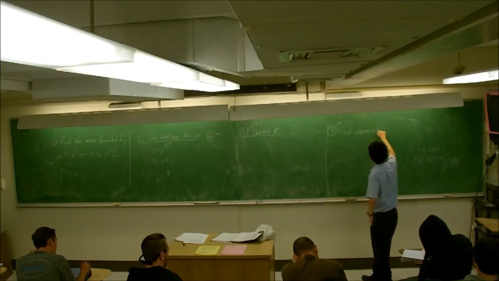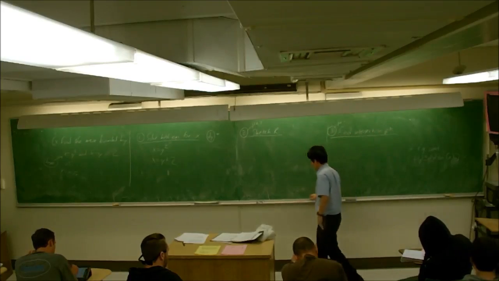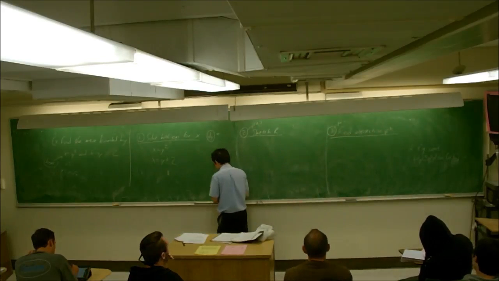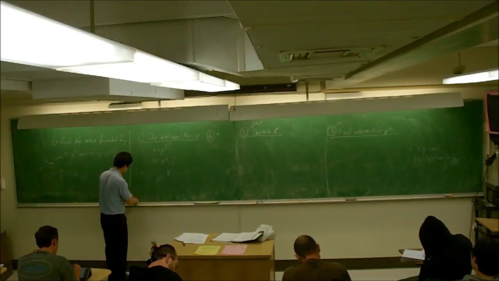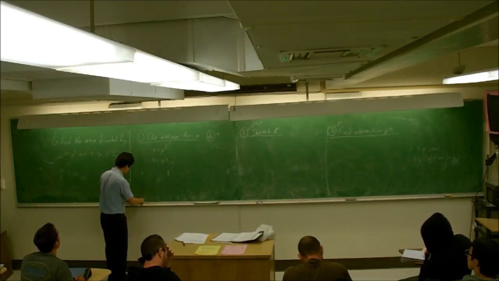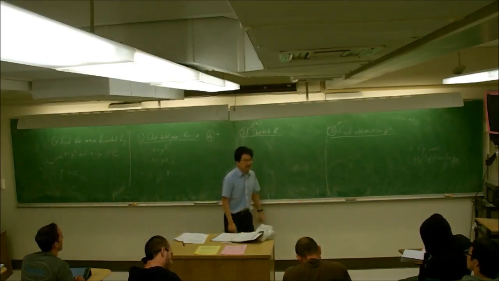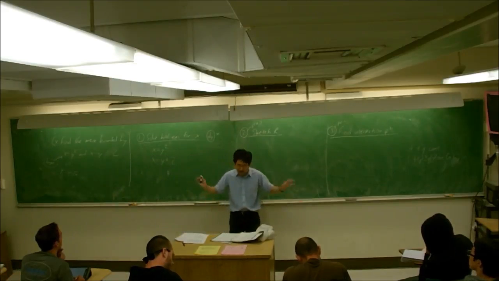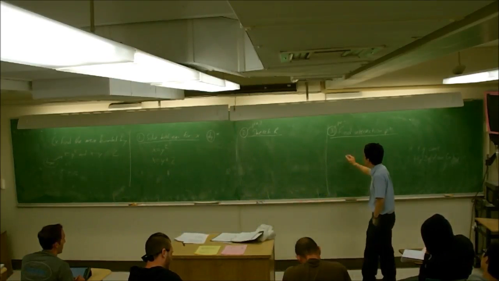Life is not always A to B to C to D. So I'm going all the way to 3 now, so I'm going to go back and forth. That's okay, that can happen. I'm trying to emulate your thought process here.